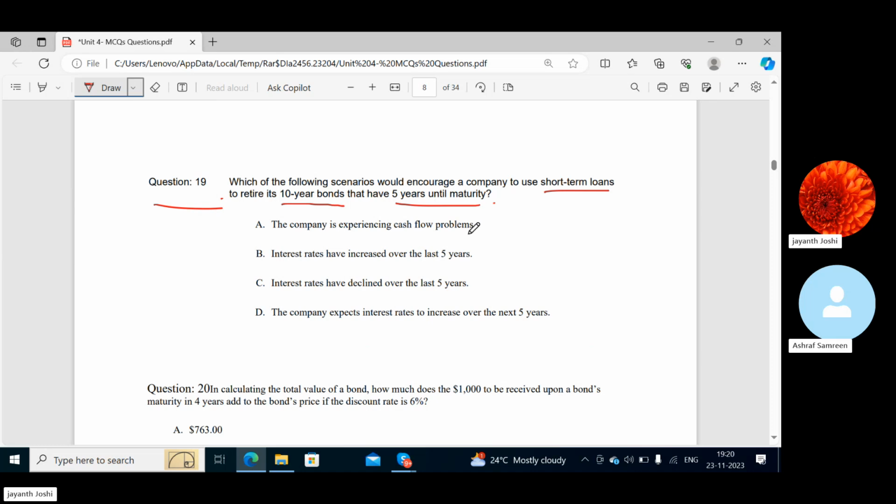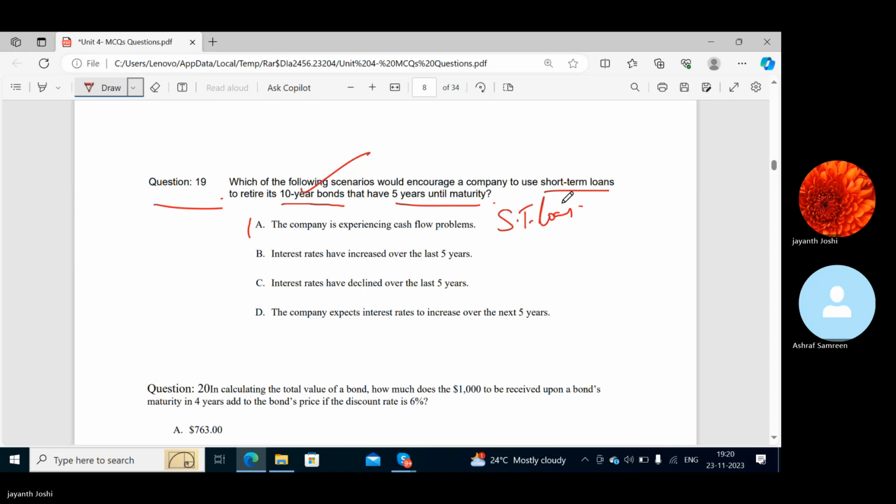Companies experiencing cash flow problems: if the company is experiencing cash flow problems, they can take short-term loans, right?